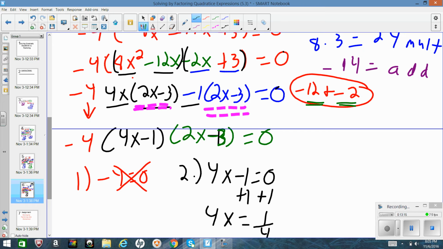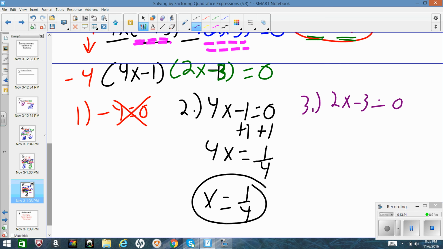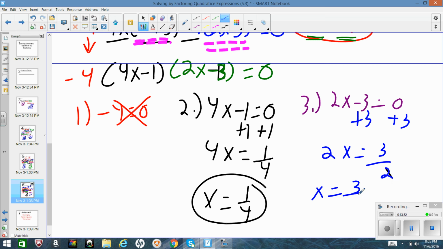And thirdly, I can take 2x minus 3 and set that equal to 0. Add 3, so 2x would equal 3, divided by 2, x would equal 3/2. So my two answers would be 1/4 and 3/2.